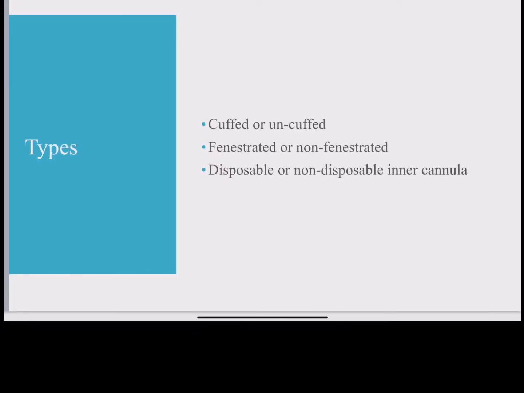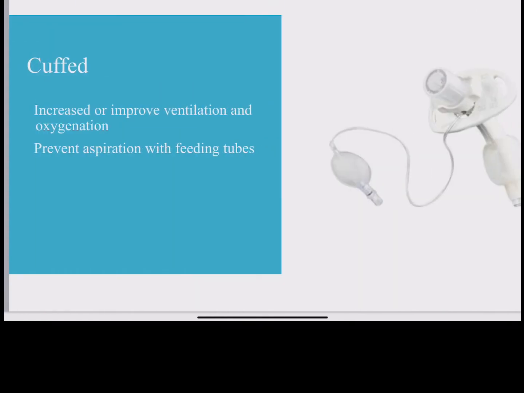There are 3 types of tracheostomy tubes. There are cuffed or uncuffed, fenestrated or non-fenestrated, disposable or non-disposable inner cannulas. Our cuffed tubes are for patients on ventilators.